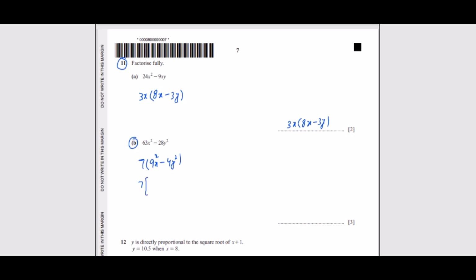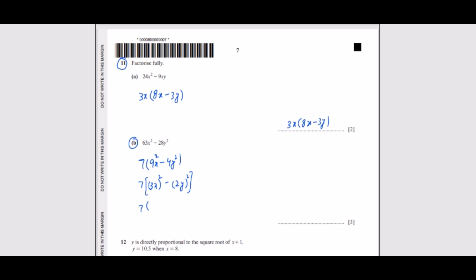So 9 is the perfect square of 3, so 3x squared, minus 4 is a perfect square of 2, so 2y squared. Apply the formula here. a squared minus b squared is equal to a plus b times a minus b.